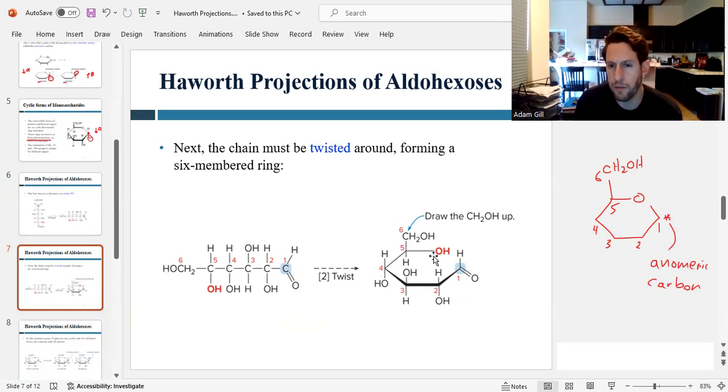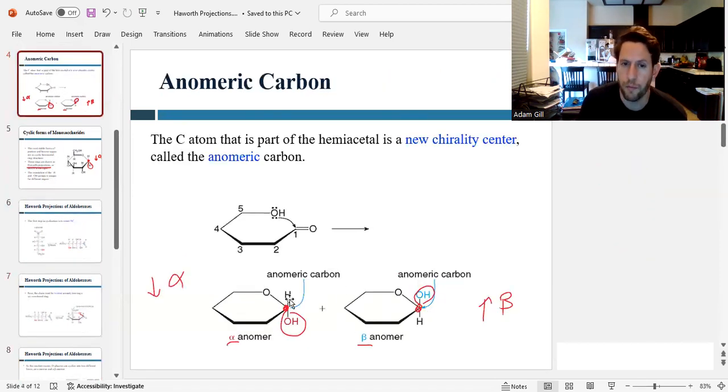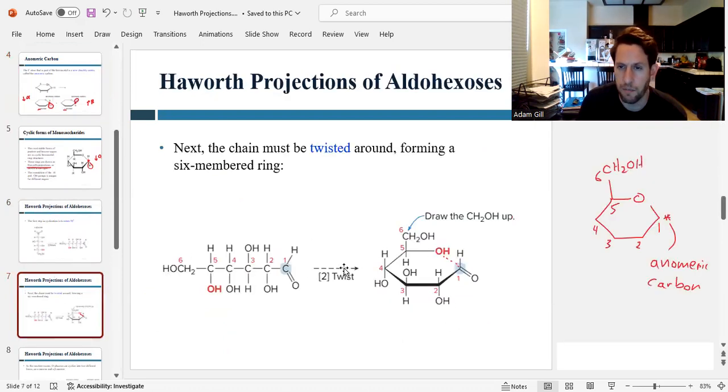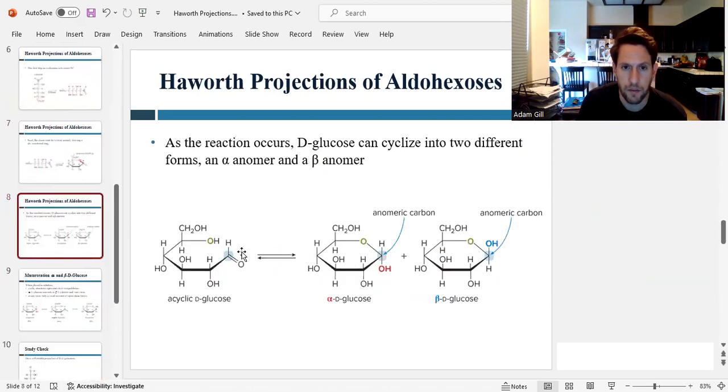Now, when we close the ring here, this oxygen is going to connect to carbon 1, and the double bond O is going to turn into an OH. And as we saw here, you can form either the alpha or the beta version. And that's the same when it's a sugar. And so when we close the ring, you can have the alpha version or the beta version.